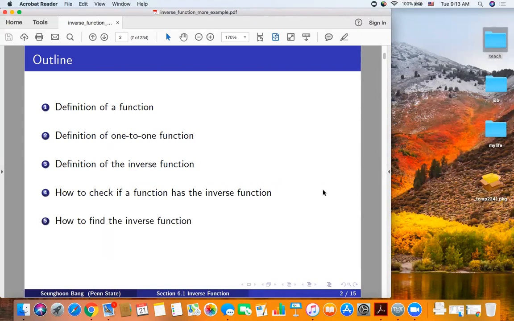The fifth one, how you can find the inverse function. The last one, how can you find the derivative of the inverse function? It's like 6 topics in section 6.1.